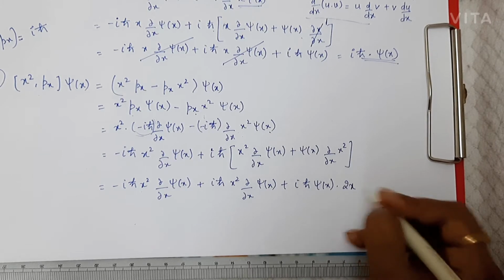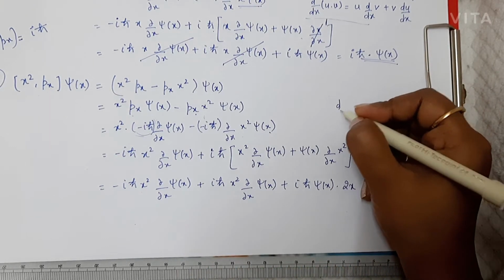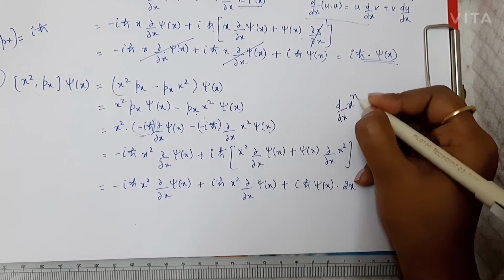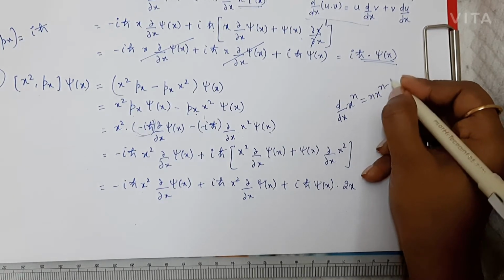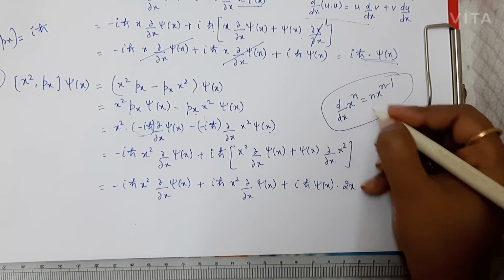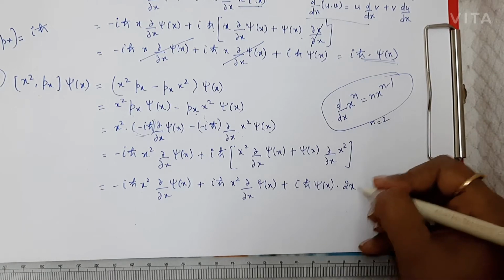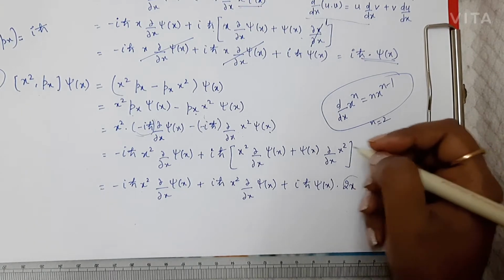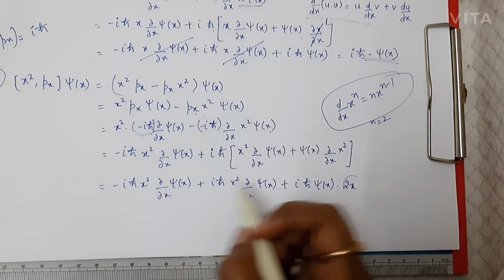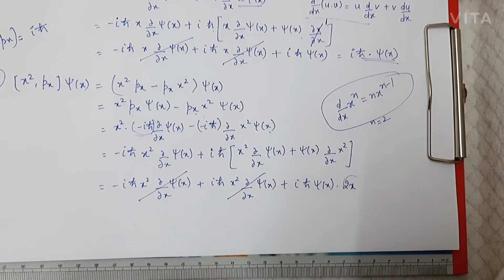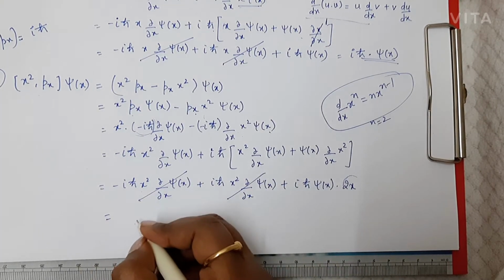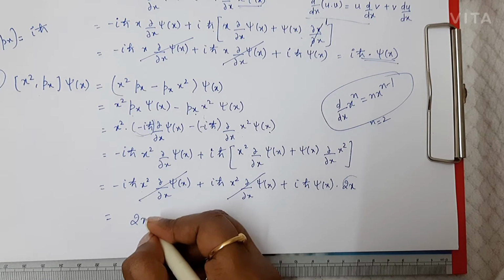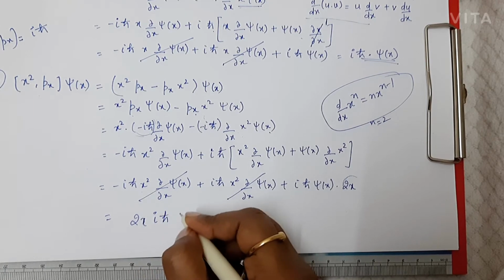It will be 2x. Now you know we are using the formula d by dx of x to the power n is equal to n x to the power n minus 1. And here instead of n we are putting 2, and we are getting the answer as 2x.